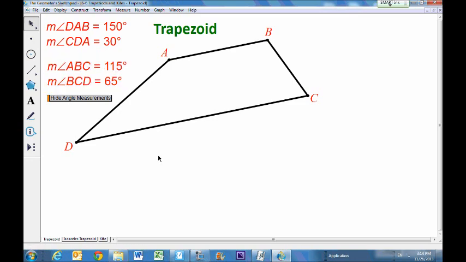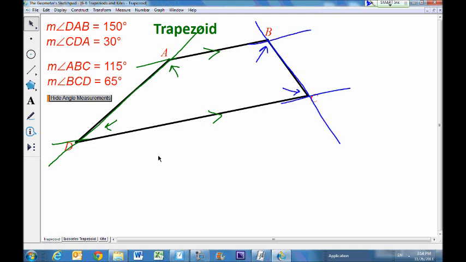That shouldn't surprise you because these are parallel, which means if you think about this as a transversal and these as parallel lines, angles A and D are same side interior angles, so they should be supplementary. And the same thing happens if you think about BC as a transversal, and these are parallel lines. Again, B and C are also same side interior angles, and so they must be supplementary.